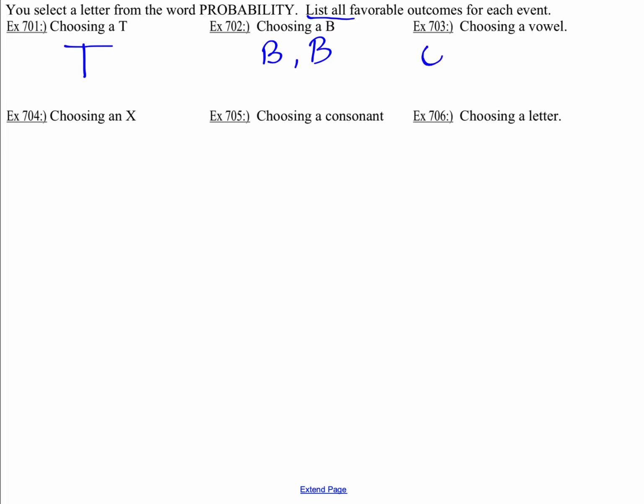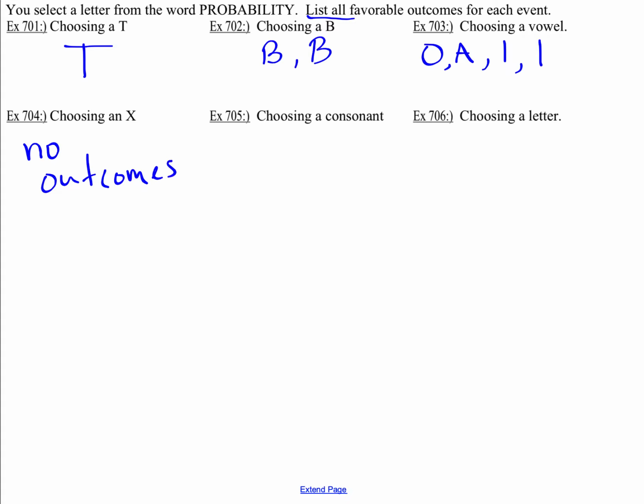There's an O, an A, and 2 I's. That includes all the vowels. So there are 4 in total, and they are O, A, I, and I. List the favorable outcomes for choosing an X. There are no X's in the word probability, so there are no outcomes that will give you an X.